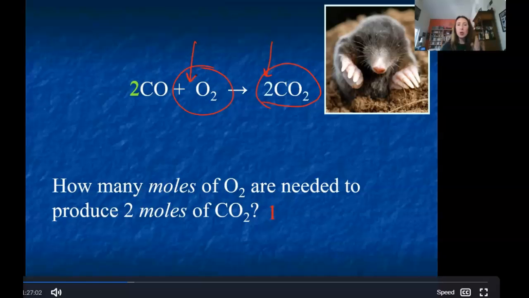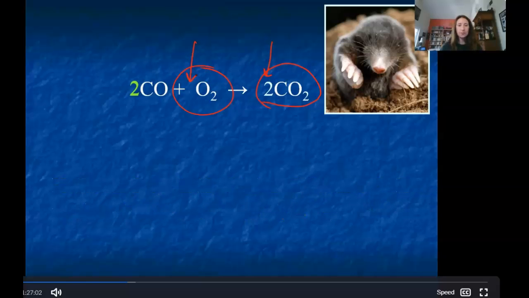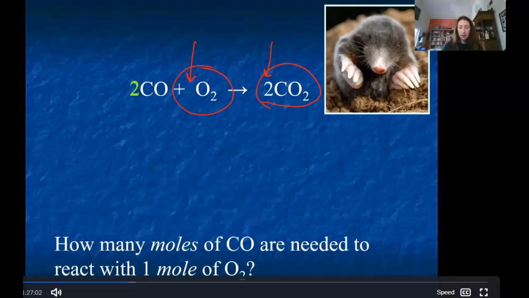All we're doing is we're looking at the numbers in the balanced chemical equation. Okay, last one. How many moles of CO are needed to react with 1 mole of O2? 2. Yes, so this is becoming much easier. What we're doing is we're just looking at those coefficients.